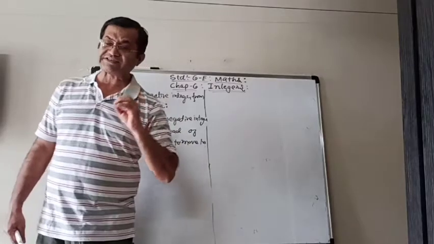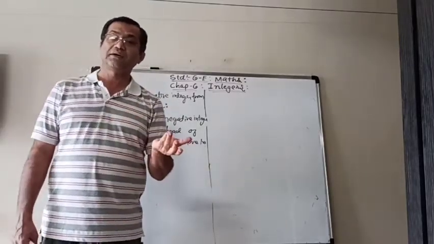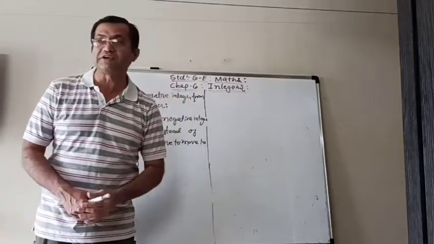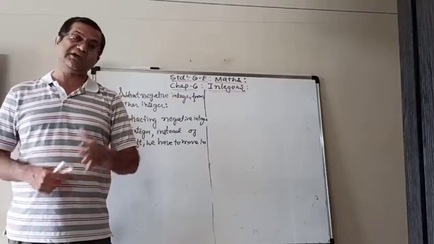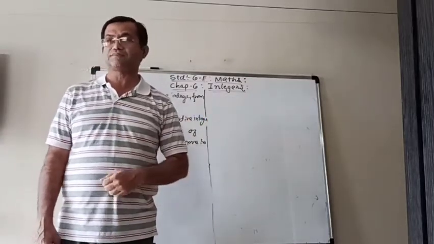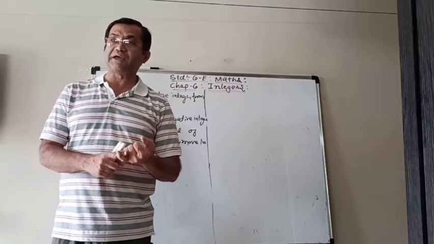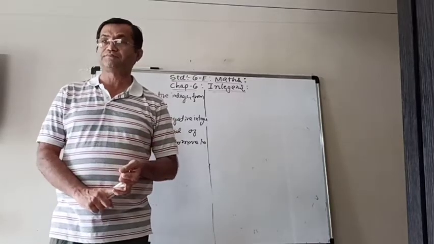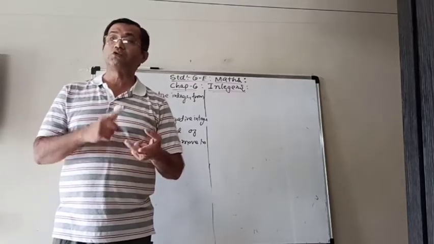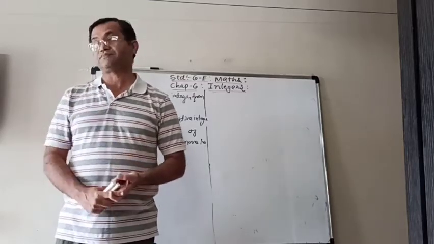Because when we subtract a negative integer, it means we are adding its opposite, that positive integer. And we know that while adding, we move towards the right. Therefore, when we subtract any negative integer, we move towards the right, not the left.